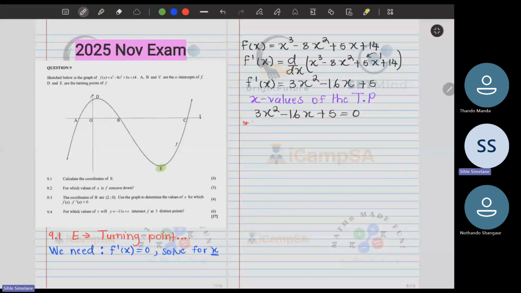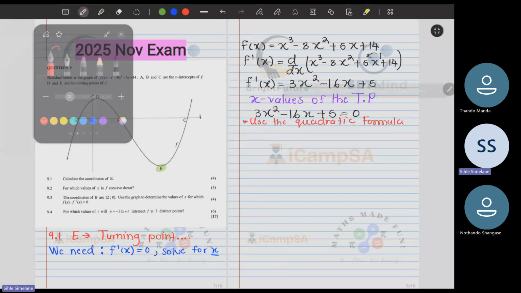So what we are going to do is use the quadratic formula. So I need you guys to quickly use your calculators. Okay. We'll create some space here.